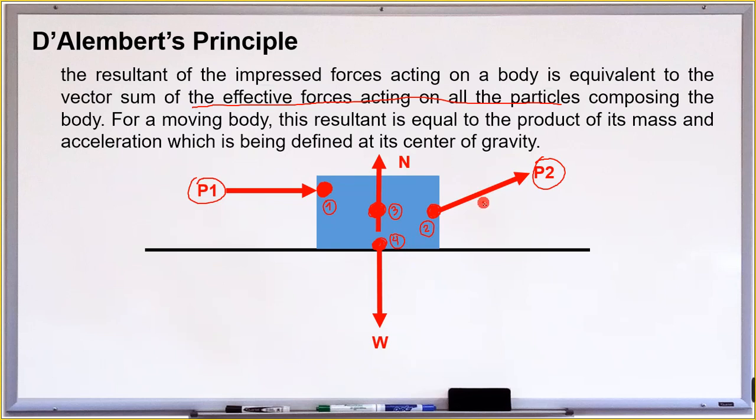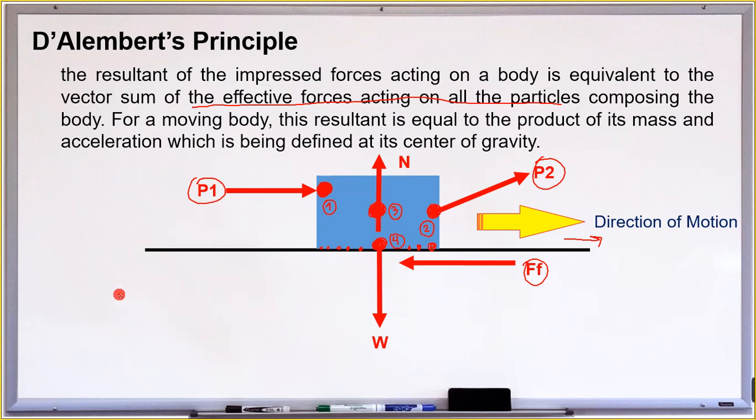Given nga dako kayo ni og value ang mga effective forces, ato assume nga mo-move ni siya ang block towards the right, this is the direction of motion, and also naay friction nga interact given nga actual ni nga surface. So naay friction nga ni act ani sa surface, no? So naay mga particles na sa surface. Ato na siya i-sum up, no?